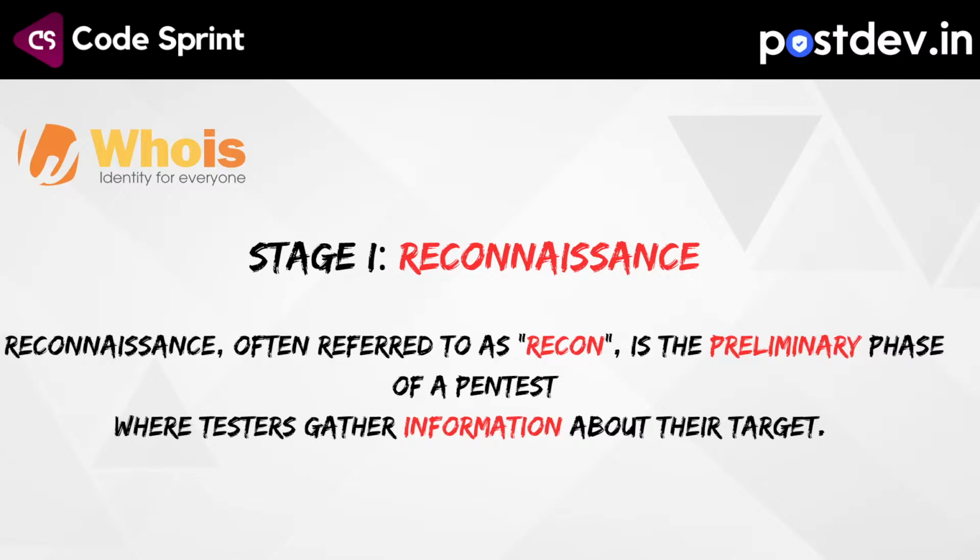So step one is reconnaissance, also called information gathering. It is often referred to as recon, and it is a preliminary phase of a pen test where testers gather information about the target. For example, if Amazon hired us to test their network, we would gather information about Amazon.